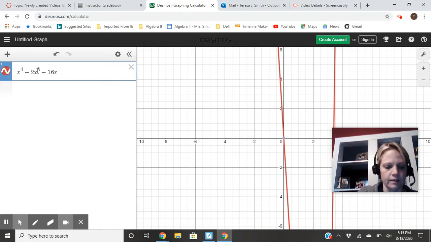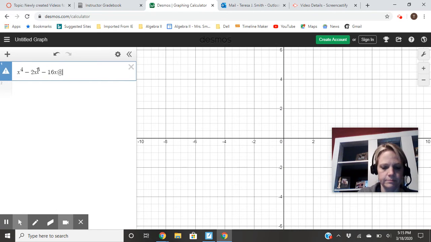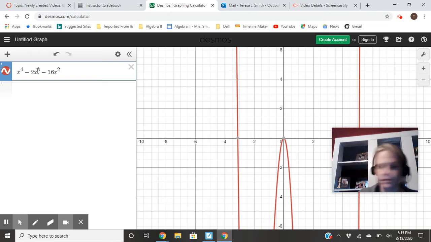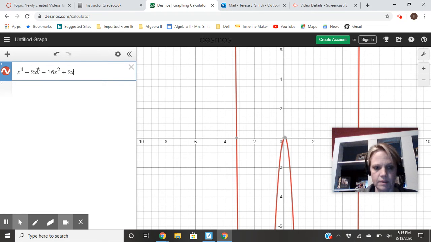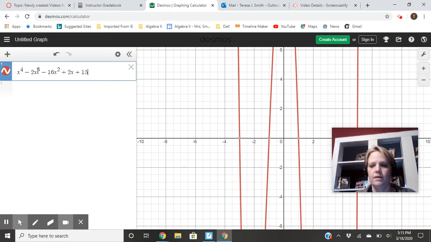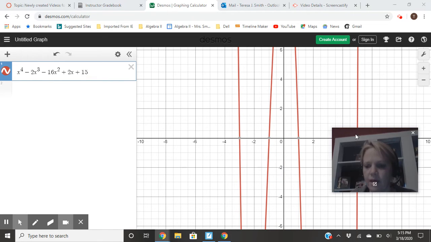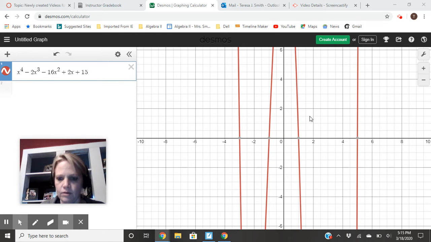Plus 2x, and then it was plus 15. I love this app because you can zoom in on the graph and you can see what the zeros are. It looks like it's at -1, at -3, at 1, and at 5.